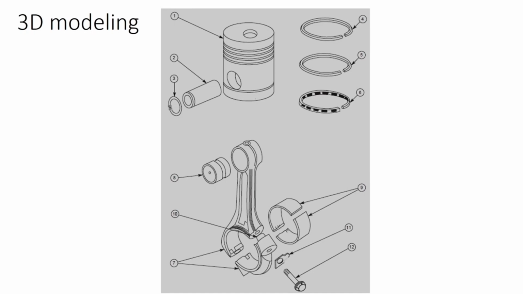This is the piston of an engine. These are the piston rings, this is the connecting rod, and this is the piston pin, which helps connect the connecting rod with the piston. There are various fasteners which are used.